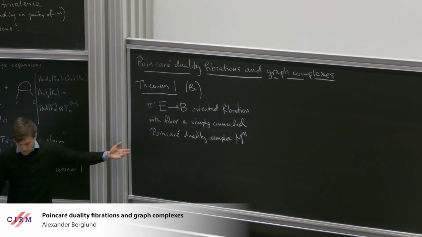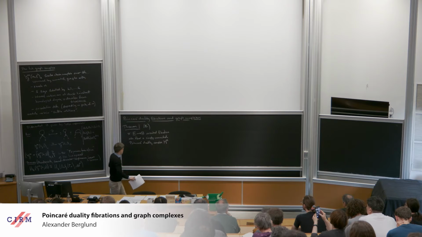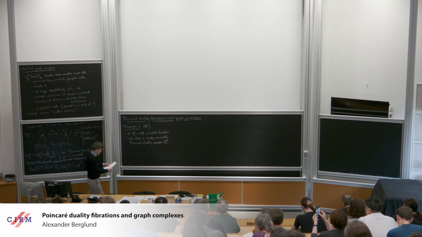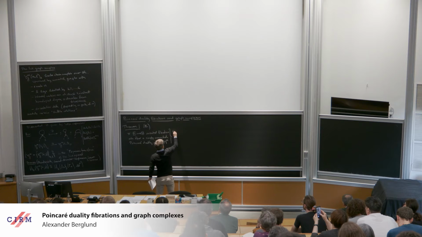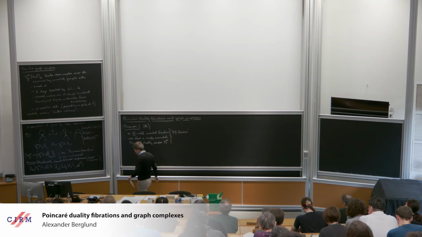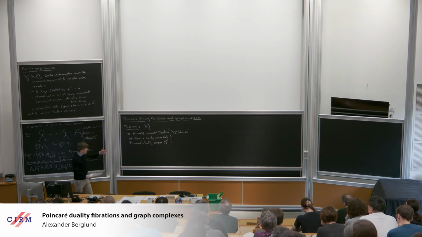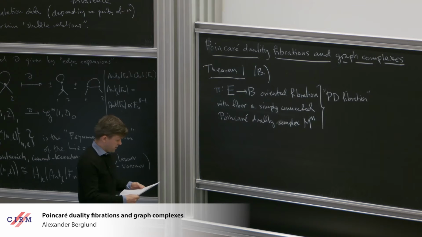So for instance, if you have a closed oriented simply connected manifold, that will give you an example. So let's call these things Poincaré duality fibrations, okay? So for instance, if you have a smooth manifold bundle, these are Poincaré duality fibrations.